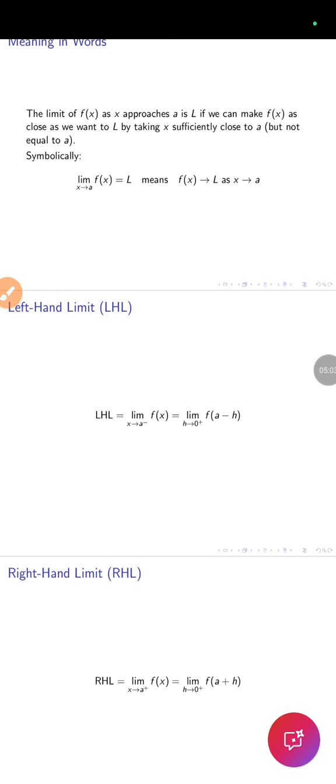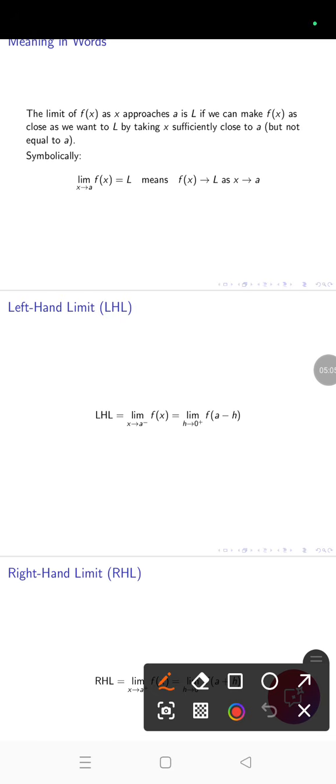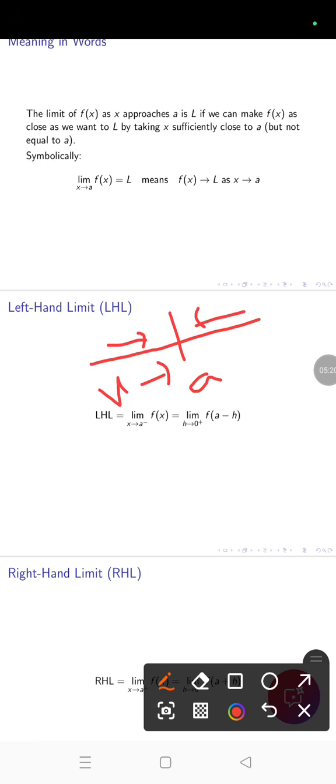In case of limit, x approaches a. We can approach from the left hand side, or we can approach from the right hand side.